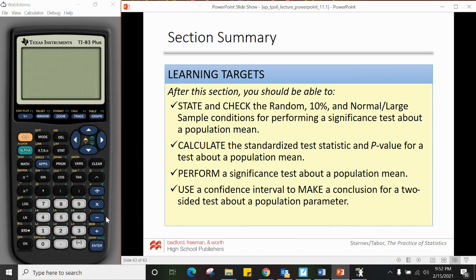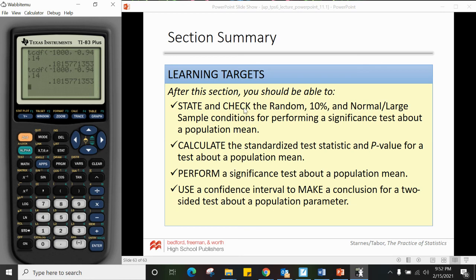We will then take that t-score, go to second distribution, down to tcdf to find our p-value, right? And remember, we use our lower bound, negative 1,000, an upper bound, which here is negative 0.94, and then our degrees of freedom right there, boom, and get our value out. That's our p-value.